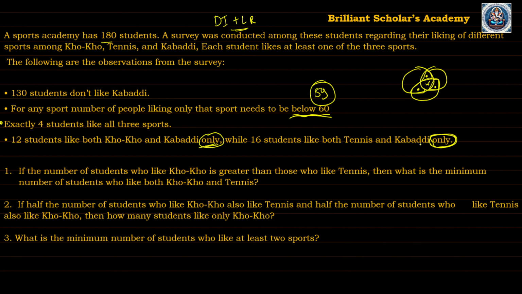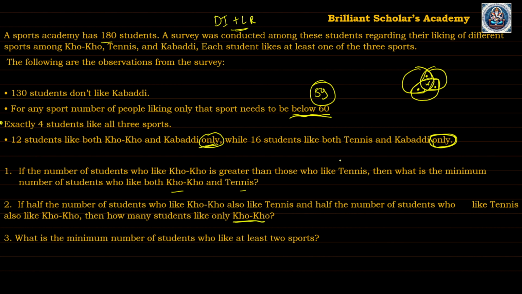First question. The number of students who like Kho is greater than those who like tennis. Then what is minimum number of students who like both Kho and tennis? So again, maximum minimum. If half of the students who like Kho also like tennis and half of those who like tennis also like Kho, then how many students like Kho?